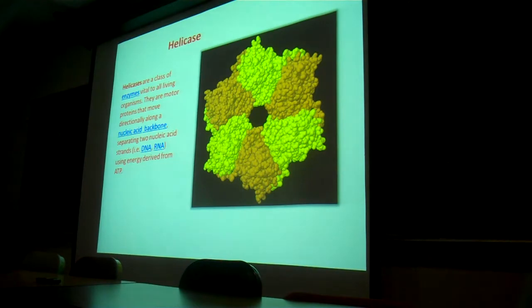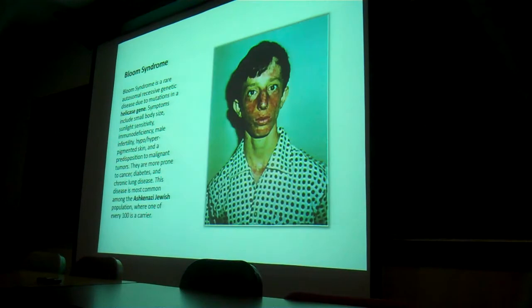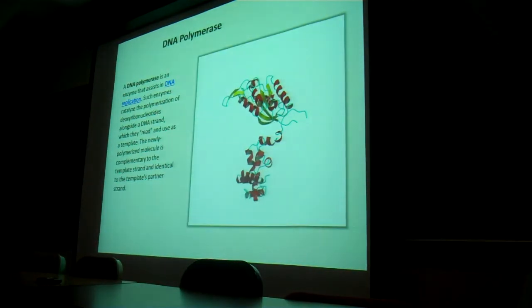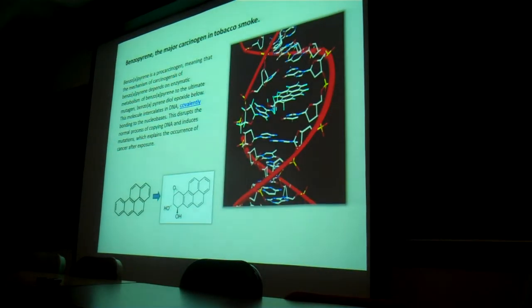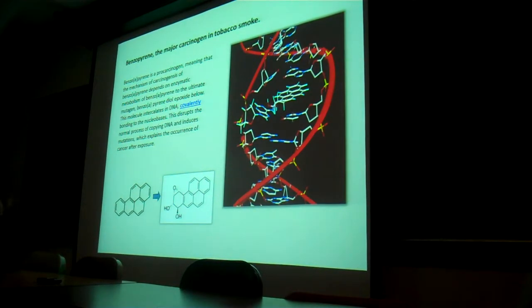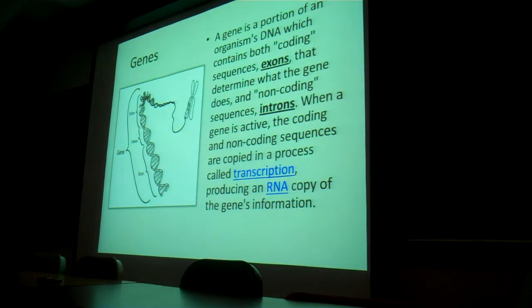We talked about helicase being responsible for tearing open the DNA. DNA polymerase, and so on. We talked about some ways that you can artificially mutate the DNA. That's mostly PBS.